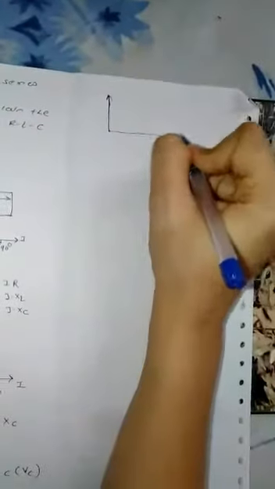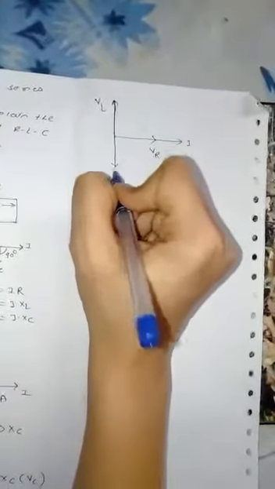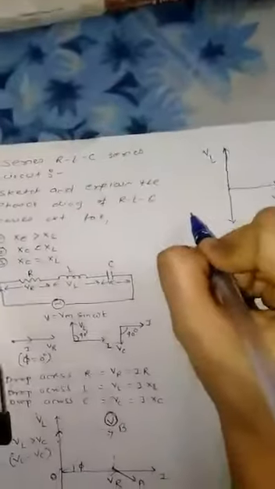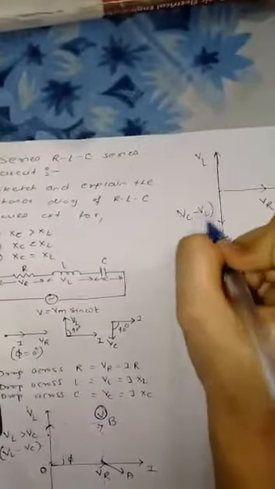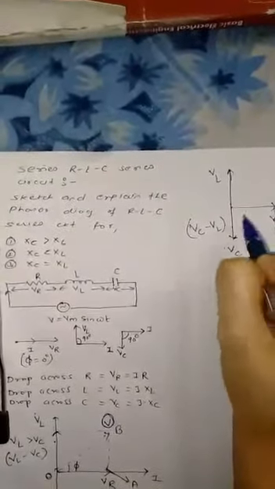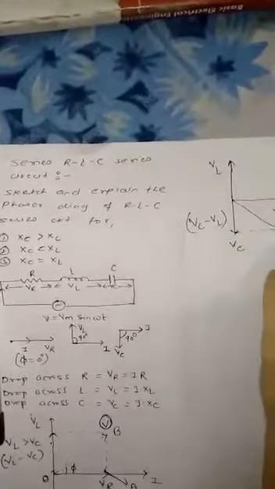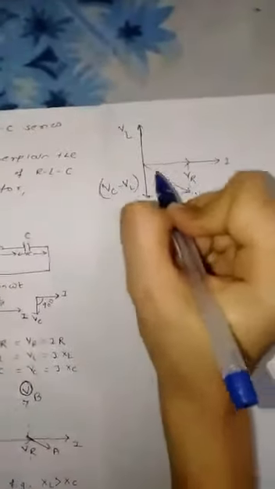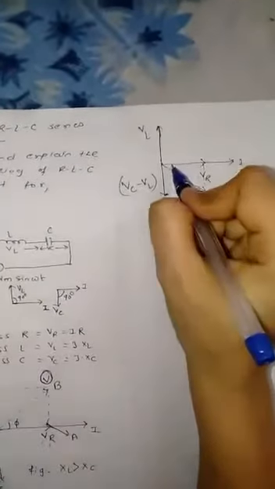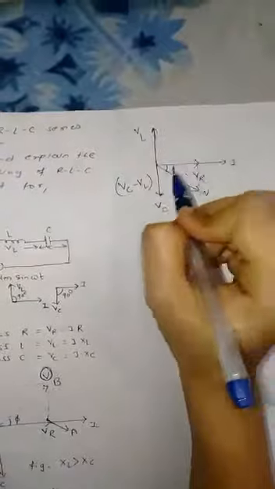The reference current, VR, VL and VC. Now the condition is XL is less than XC. So we take VC minus VL and add VR, and this is the sum voltage V. Between current and voltage the angle is phi.